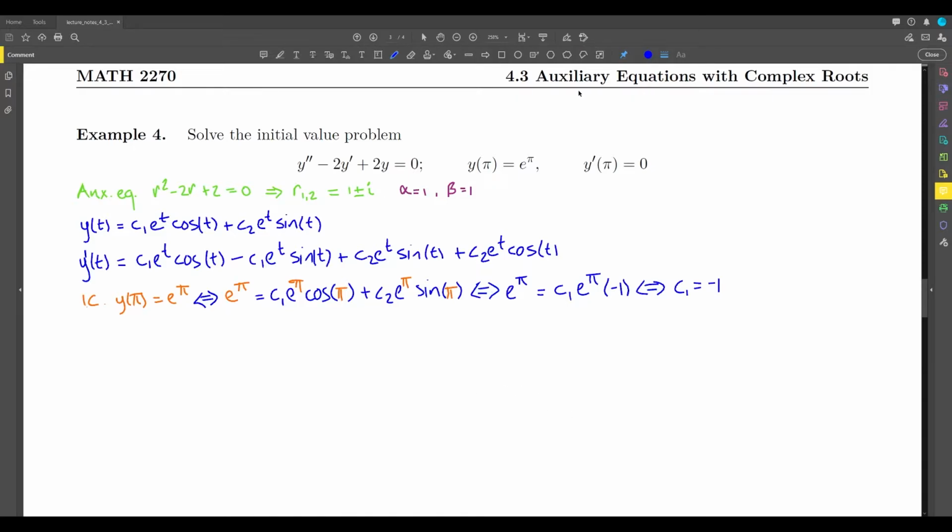Now the second initial condition is that y prime at pi is equal to 0.